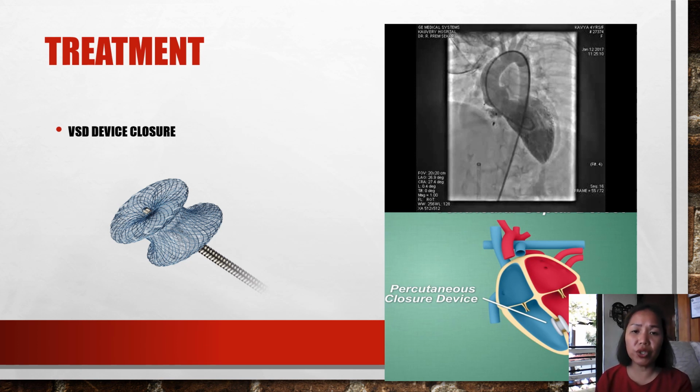VSD device closure can be done with those perimembranous and muscular type, but is contraindicated in supracristal, inlet, and those with associated significant aortic regurgitation, prolapsed aortic cusp, subaortic, subpulmonary stenosis, and Eisenmenger syndrome.